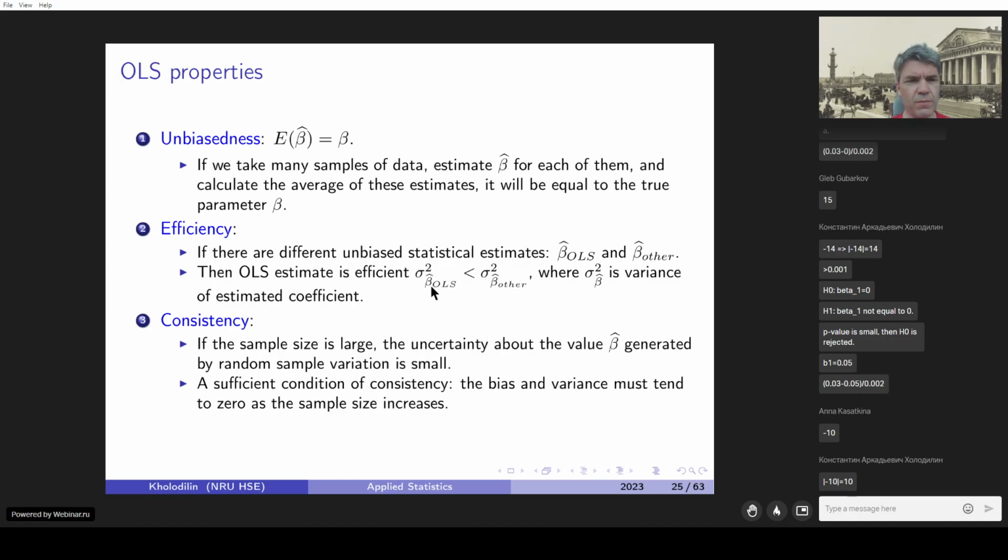And the last nice property of OLS is its consistency. So if the sample is sufficiently large, the uncertainty about the value of beta 1 will be smaller. The bigger the sample we get, the smaller the variance or standard error of beta will be.